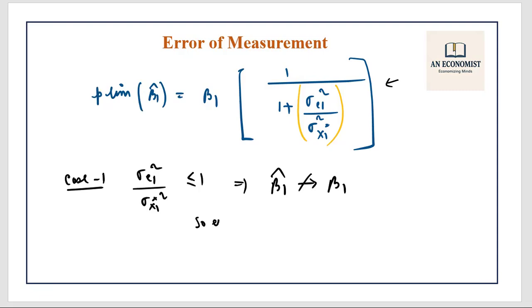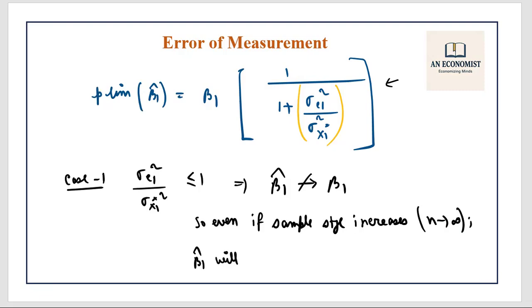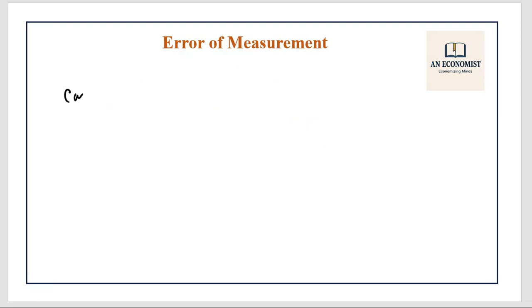So even if the sample size increases, let me write this, n tends to infinity, beta 1 cap will not converge to beta 1. This is case 1.